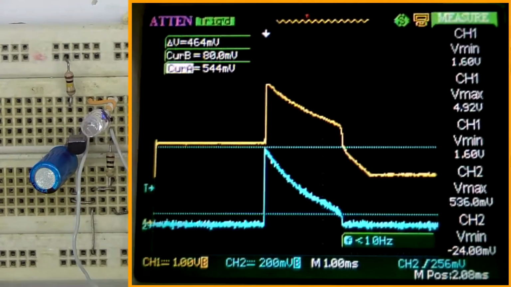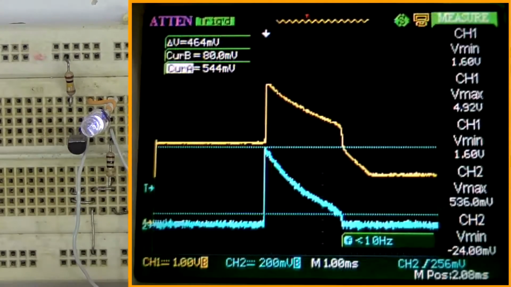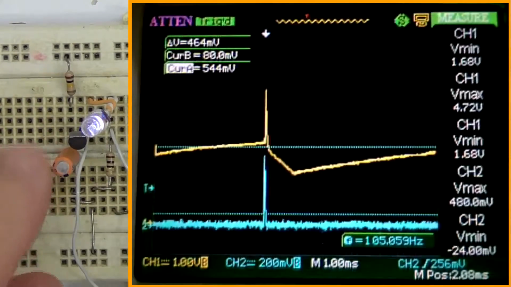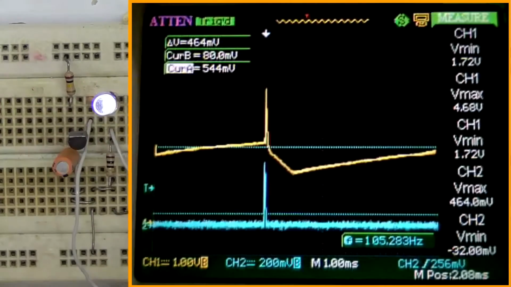What if I go to something like a 1 microfarad? Get a fast oscillation theory. Is it up here? Yeah, I can see some light there.